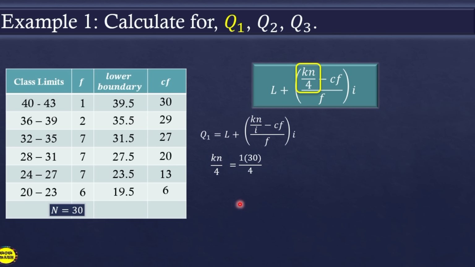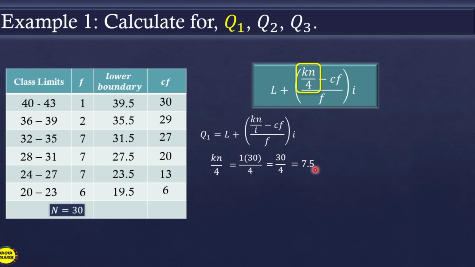So, that is yung K. Since first quartile, yung K natin is 1, times yung N, yung total natin, that is 30. So, 1 times 30, that is 30 divided by 4. The answer is 7.5. So, dito tayo titingin sa cumulative frequency.